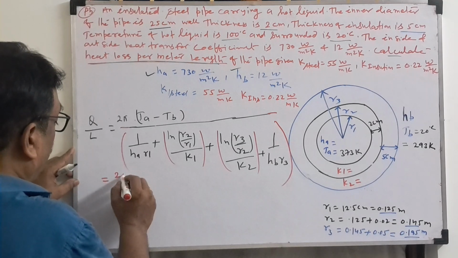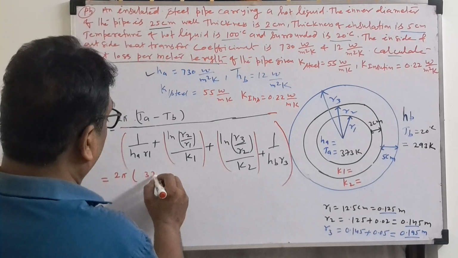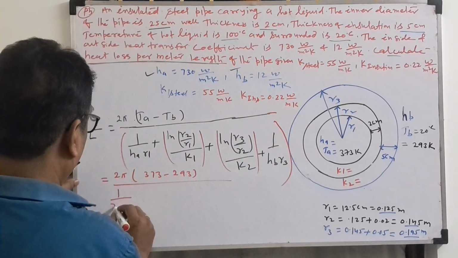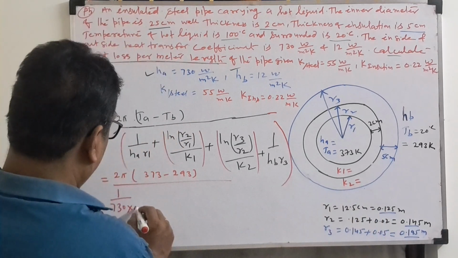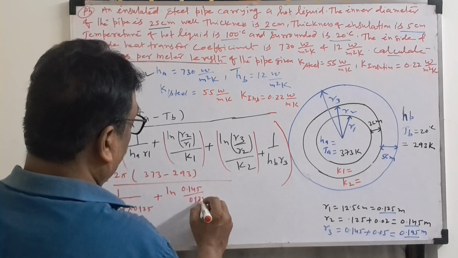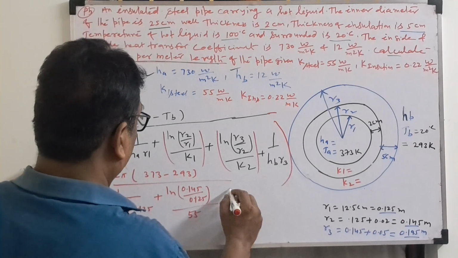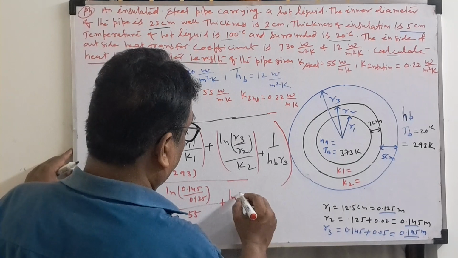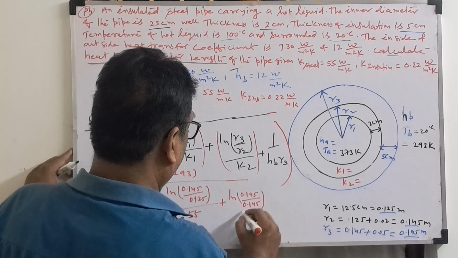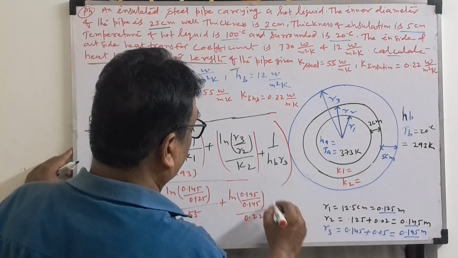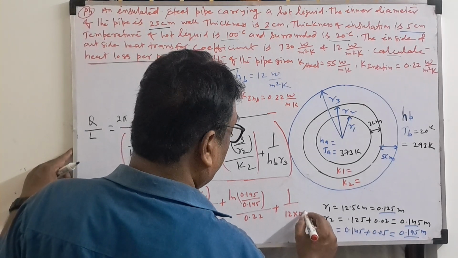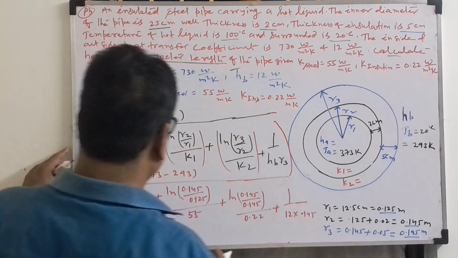Substitute all the values here. 2 pi times TA minus TB, 373 minus 293, divided by 1 by HA, 730 into R1 0.125, plus ln R2 0.145 by R1 0.125 divided by K1 55, plus ln R3 0.195 by R2 0.145 divided by K of insulation 0.022, plus convective 1 by H 12 into R3 0.195.